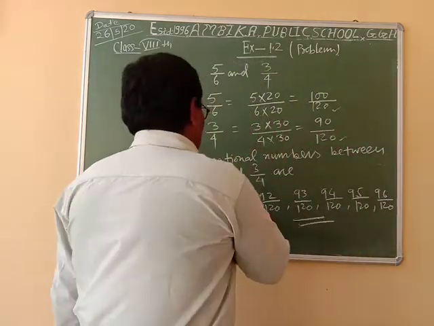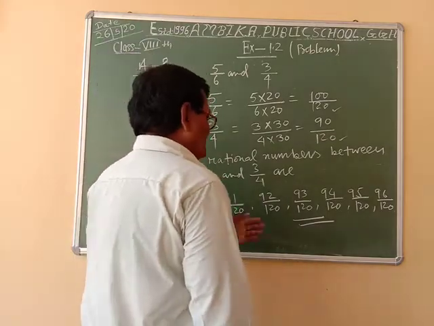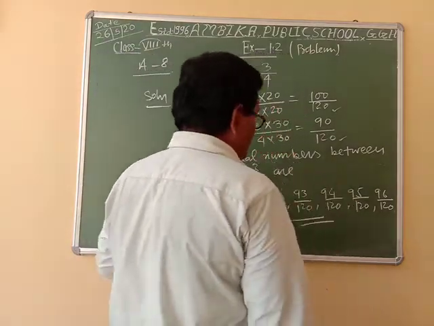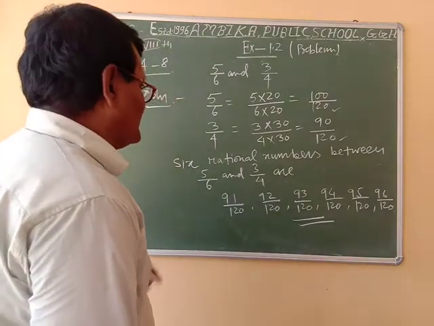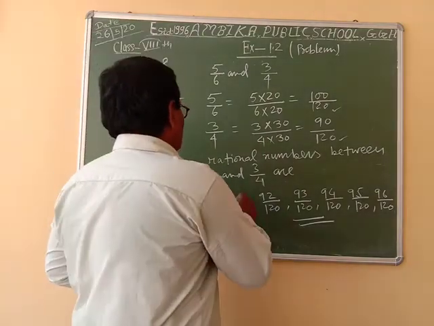Other values may be possible, and so on: 97 by 120, 98, 99, 100 by 120, 101.